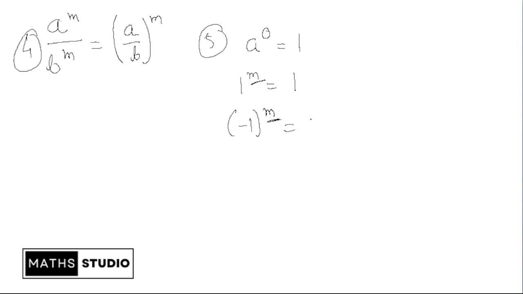Minus 1 to the power m will be 1 if m is even, because if you multiply minus 1 even number of times, it will be 1.